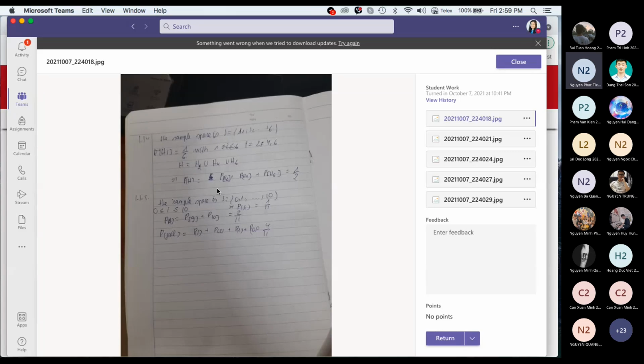Right, it's on the screen. Okay, because 3 is the same as 1. 1.3.4.